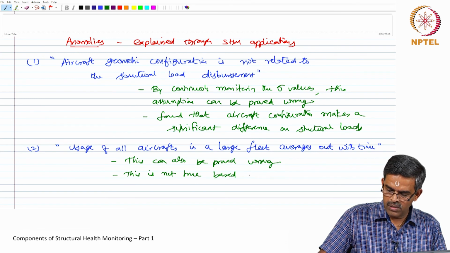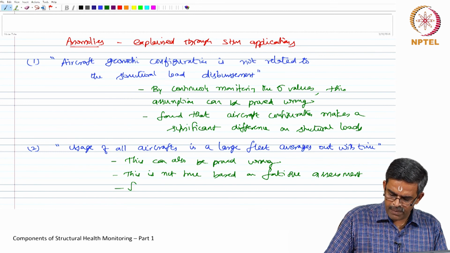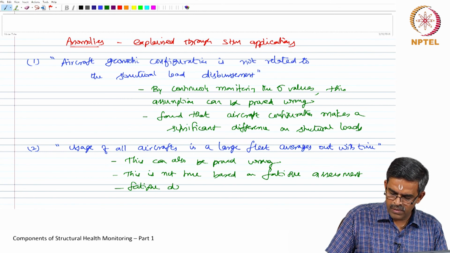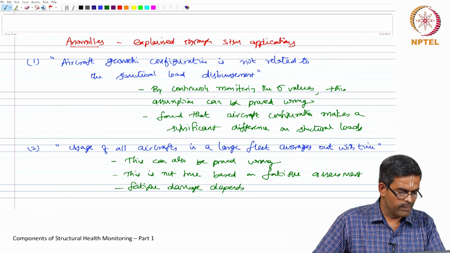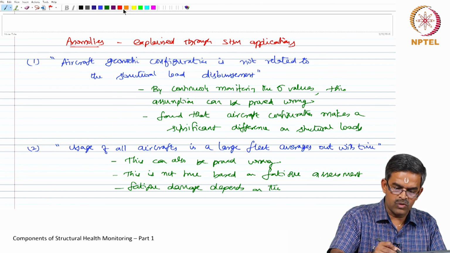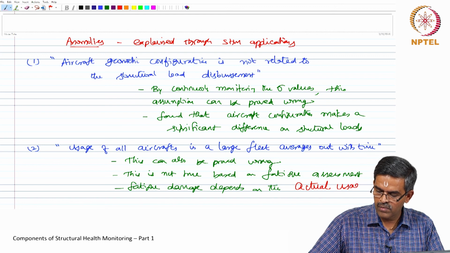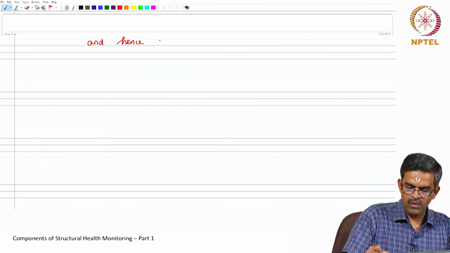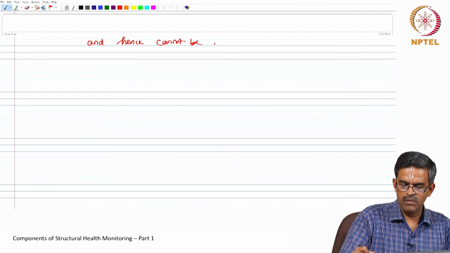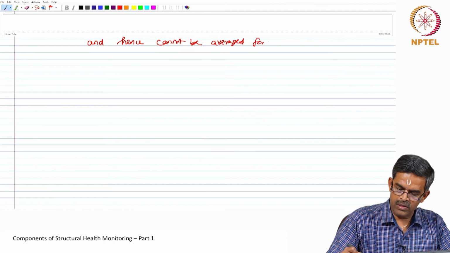The fatigue damage depends on the actual usage, and hence cannot be averaged for a large fleet.